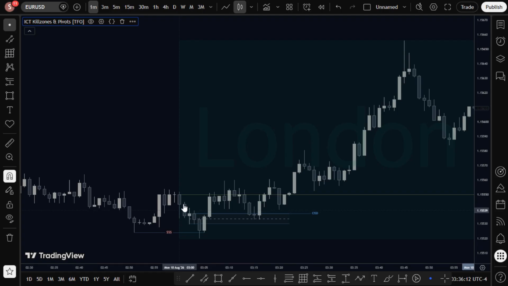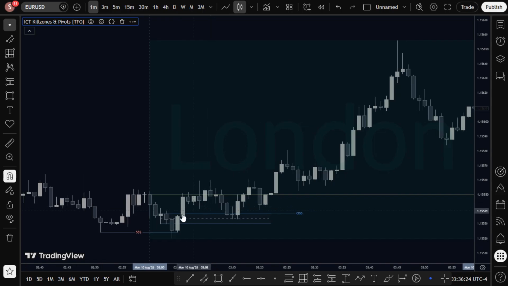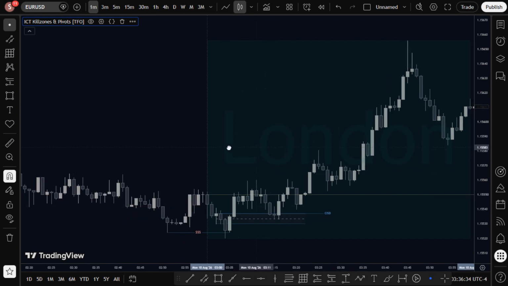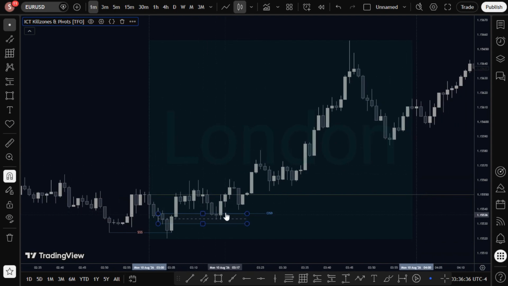So the more confluence, okay, the more these things are on the chart, the more it is telling you that this price is going to hold and this system will work. Okay, the more you see these conditions, the more it tells you that yes, what you're doing, you're in the right direction.